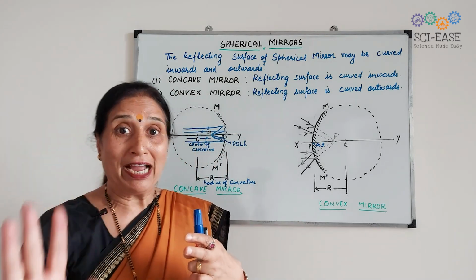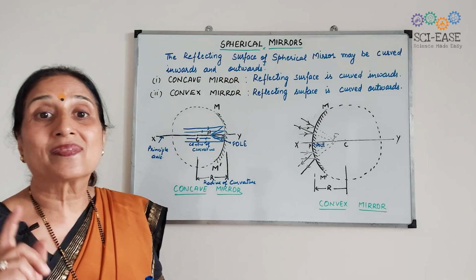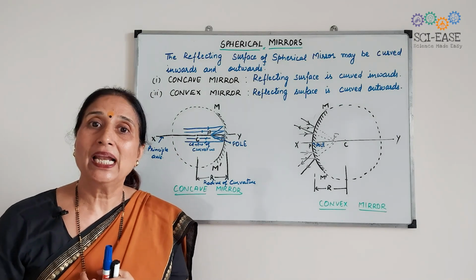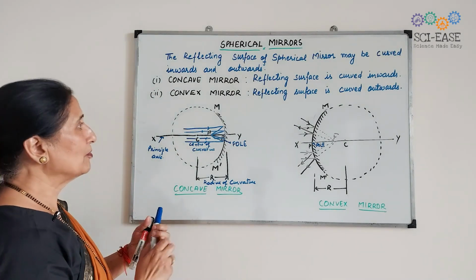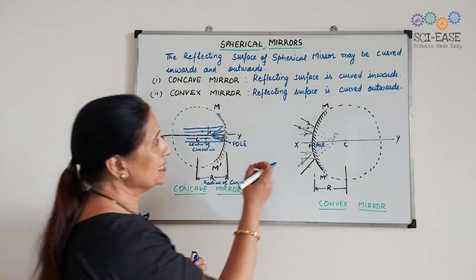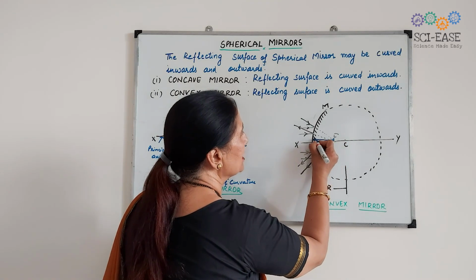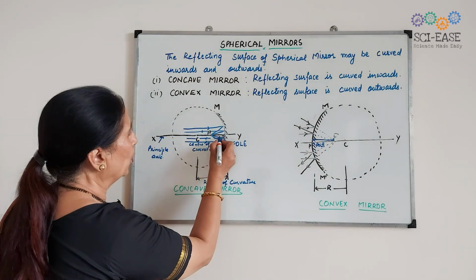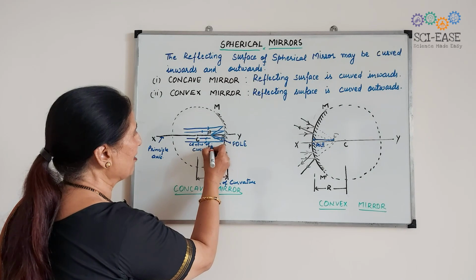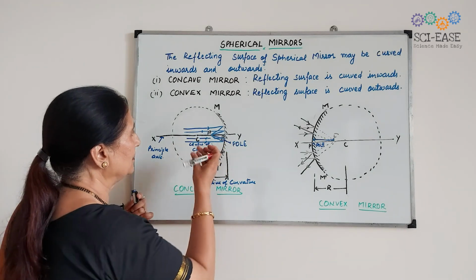Now, 5 terms we have done. Now the 6th term is the focal length. So what is the focal length? The distance between pole and F, I will draw with black pen here.